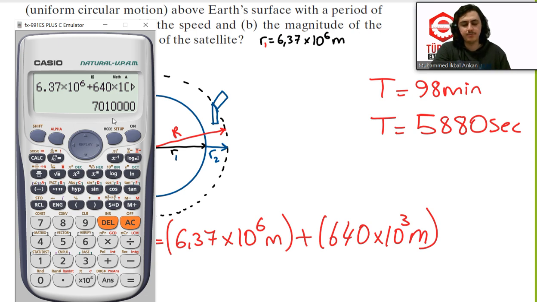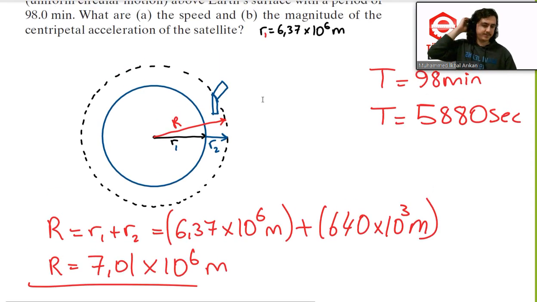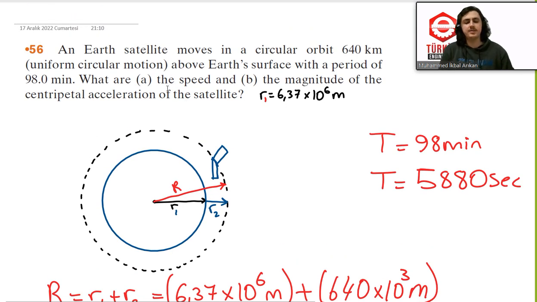So 7.01 multiplied by 10 to the 6 meters. This is my radius. What about the acceleration? The question is asking about the speed and the magnitude of the centripetal acceleration. Centripetal acceleration means the radial acceleration, the other name for the radial acceleration.